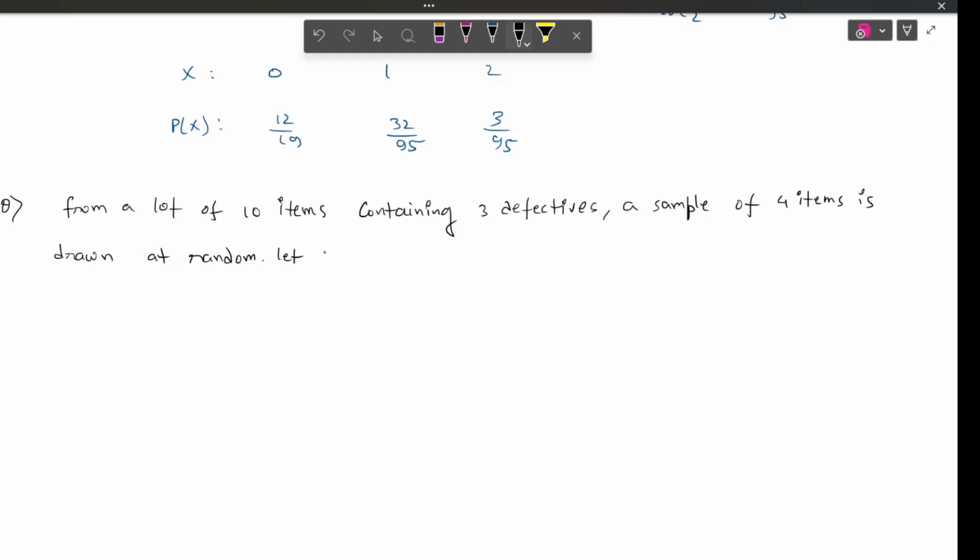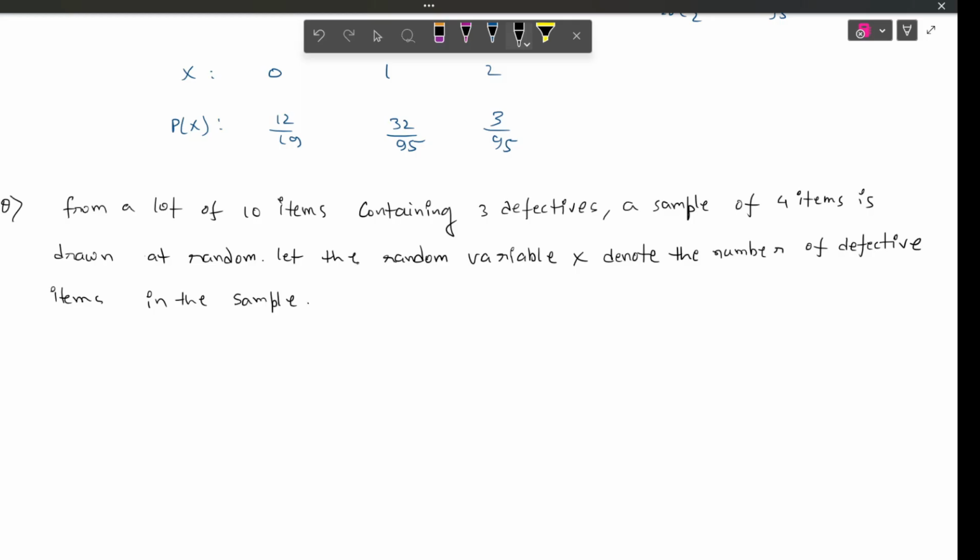Let the random variable x denote the number of defective items in the sample, if the sample is drawn randomly.